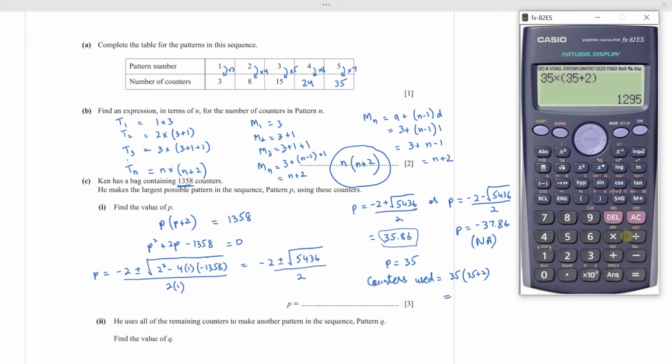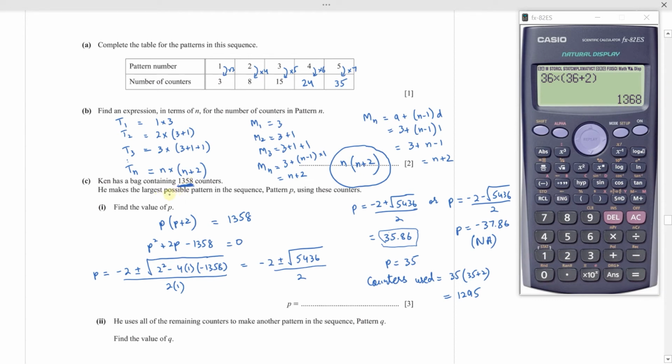Pattern number 35 will use 1295 counters. But if I take P equals 36, I will get 36 multiplied by 36 plus 2, which is 1368, which is 10 more than the counters that Ken has. So you cannot create pattern number 36, because pattern number 36 needs more counters than Ken has.